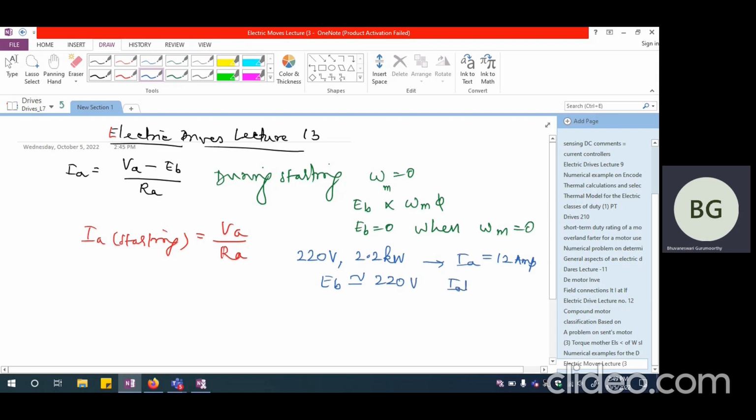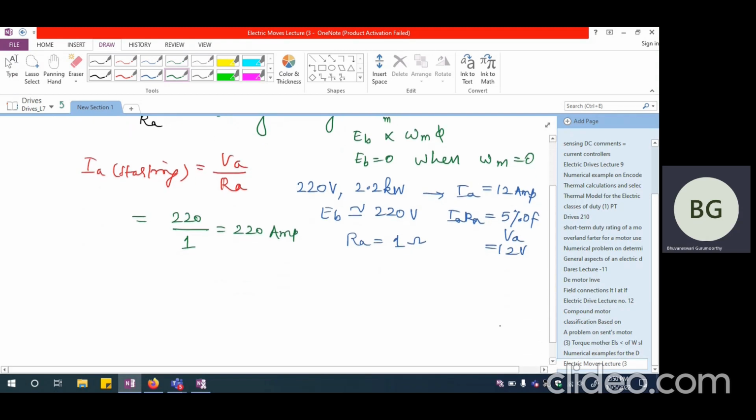So the IA-RA drop will be only about 5% of the applied voltage. That is the reason we are able to neglect it and say EB is approximately equal to the applied voltage. The drop is going to be 10 to 12 volts, which means RA is close to 1 ohm, nothing more than that. So if RA is 1 ohm, 220 divided by 1 ohm, the starting current can be as high as 220 ampere, which is really, really large.